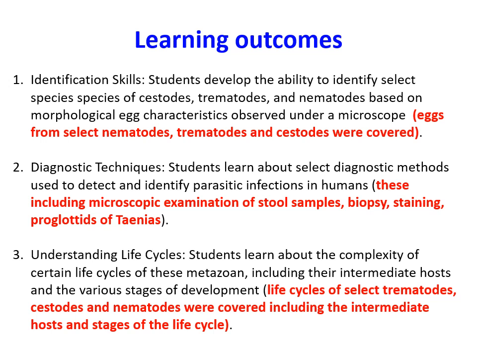So finally, to wrap up, going back to the learning outcomes, under the first learning outcome, we explored together the eggs of select nematodes, trematodes, and cestodes. For instance, we talked about the characteristics of eggs of Schistosoma species, those of Trichuris trichiura, those of Ascaris lumbricoides, as well as Enterobius vermicularis.